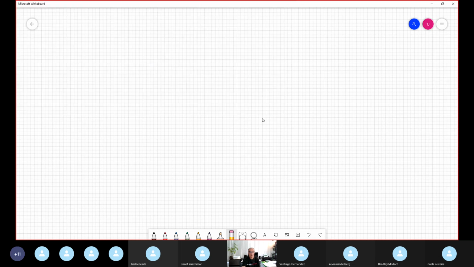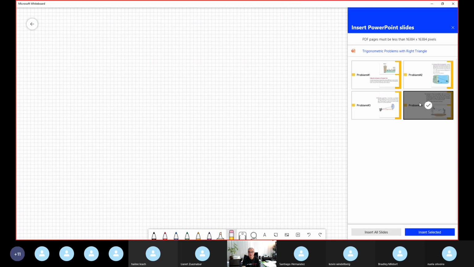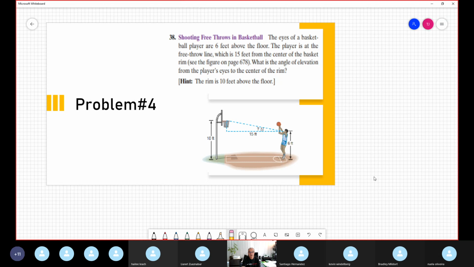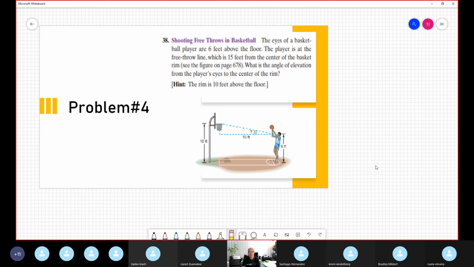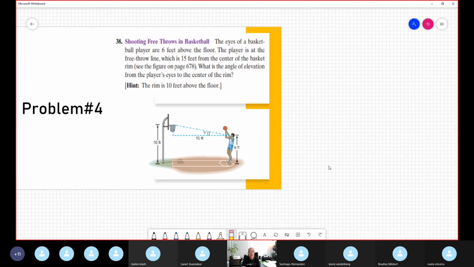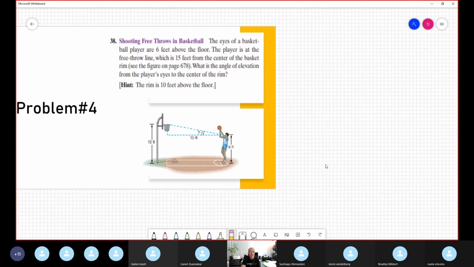The last problem is about basketball. Okay, the eyes of the basketball player are 6 feet above the floor. Do you see the sketch clearly, no? The player is at the free throw line, which is 15 feet from the center of the basket ring.